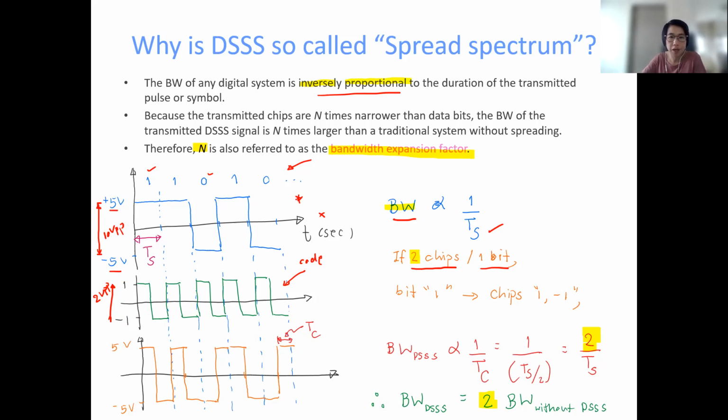Then after we have the original data multiplied with the code, you just do the multiplication. 5 volt multiplied by 1 is 5, right? And multiplied by minus 1, it will be minus 5. This represents just bit 1.